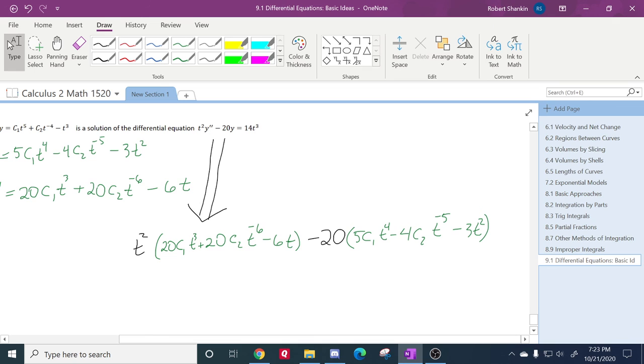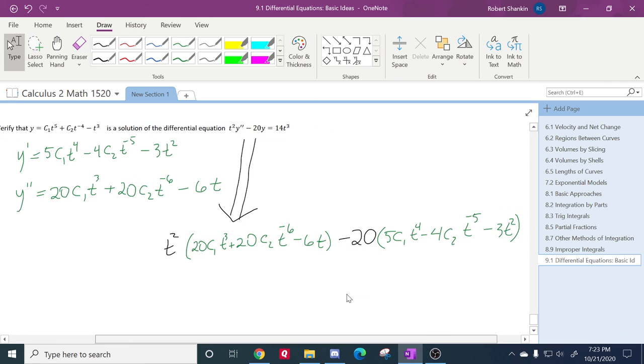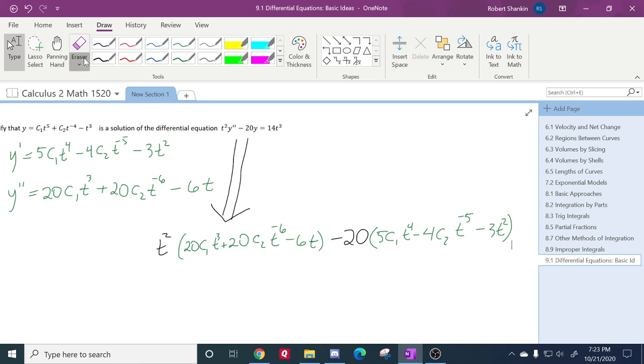Mr. Shankin? Yes. It says 20 times y, but the function for y is c1 times t to the 5th plus c2. Oh, thank you, thank you. I was using y prime, wasn't I? I would have been wondering why it's not balancing out.